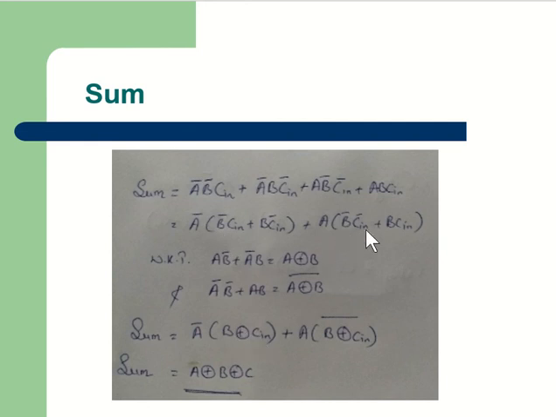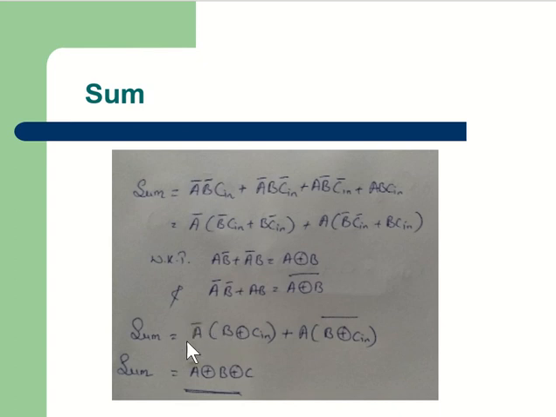Similarly, the term within this bracket, that is B bar C in bar plus B C in, is nothing but the XNOR gate. So we'll be writing it in that form. So this expression we can rewrite as A bar into B XOR C in plus A into B XNOR C in. Hope it is clear.